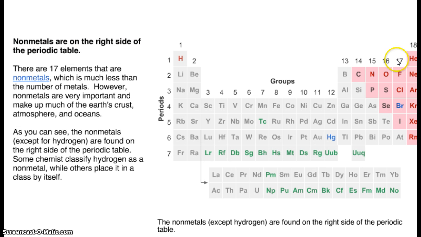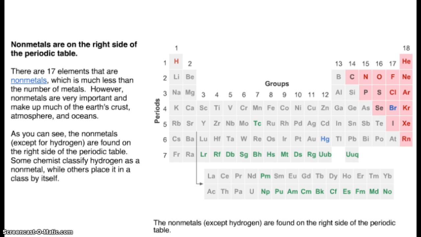So here are nonmetals. They are located on the right side of the periodic table, as well as hydrogen. So the nonmetals except hydrogen are found on the right side of the periodic table, and hydrogen is over here in column 1. Why? Because it has one valence electron. There are 17 elements that are nonmetals, which is much less than the number of metals.